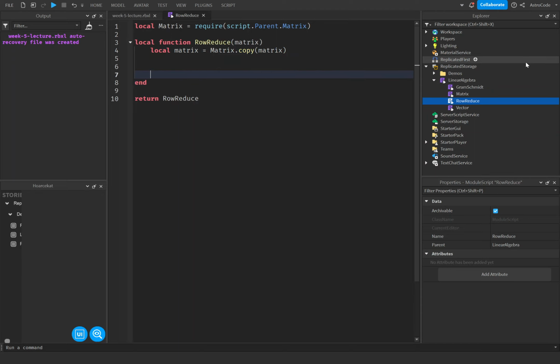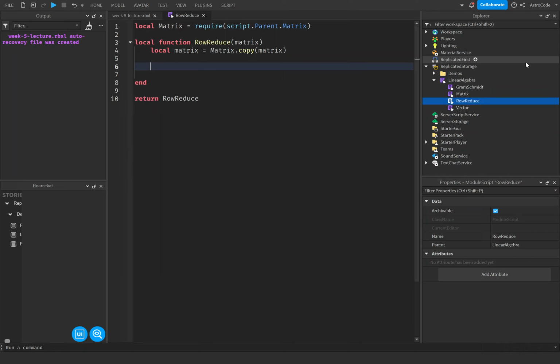All right. And then the next thing we're going to do is keep track of our pivot. And remember, we can come across situations where our pivot is 0 and everything below it is 0. So our pivot just shifts to the right. There are cases where our pivot will shift down and to the right, and there are cases where it will shift only to the right.